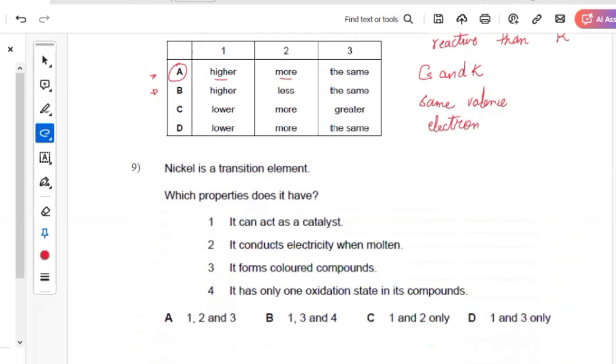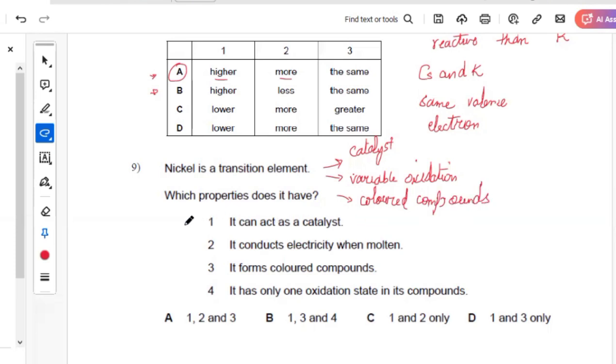Then move further to nickel, which is a transition element. Transition elements have some properties: they can be used as catalysts, they have variable oxidation states, and they form colored compounds. These are unique properties associated with transition elements.